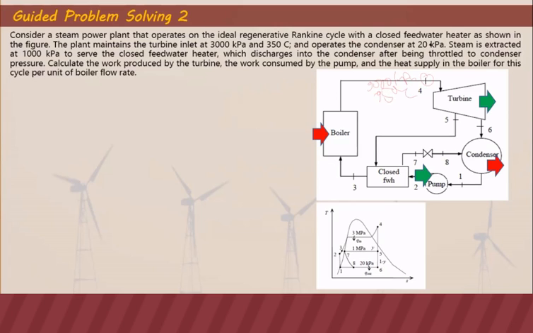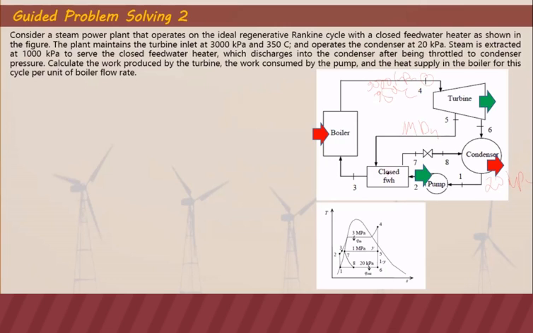And the condenser is at 20 kilopascal. Steam is extracted at 1,000 kilopascal, or 1 megapascal, at point 5, to serve our closed feed water heater.